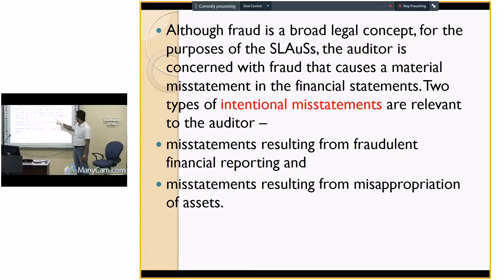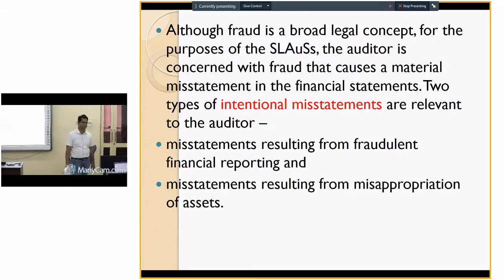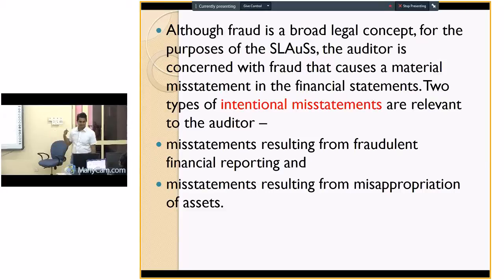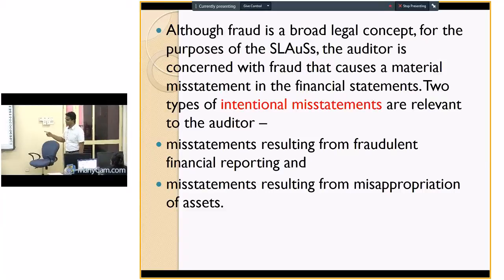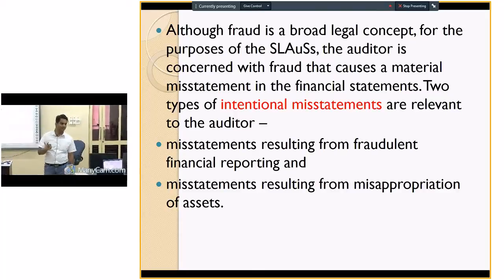Intentional misstatements are relevant to the auditor: misstatements resulting from fraudulent financial reporting, which are the financial statement frauds we discussed, and misappropriation of assets. The other point, not discussed in the standard, is another type of fraud, corruption, so bribes.